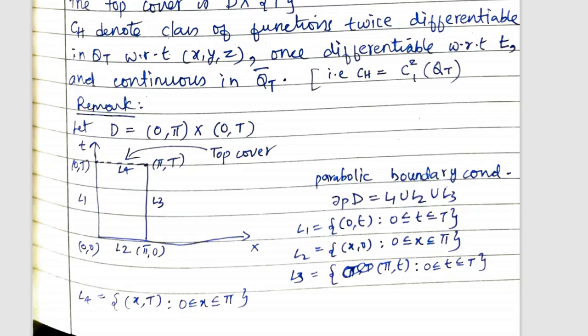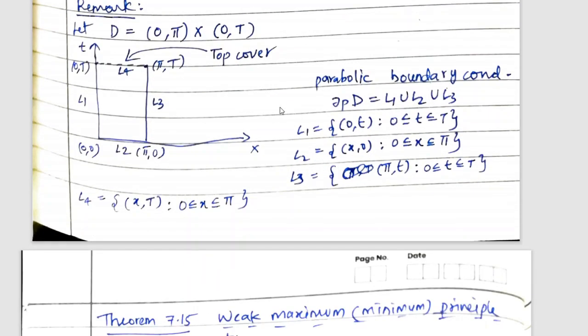Also we assume that these functions are continuous in QT closure. So CH denotes the class of all functions which are twice differentiable in QT with respect to xyz and once differentiable with respect to time, and which are continuous in QT closure. So that is our CH. First we make use of these notations to prove the theorem. Earlier I will make it more clear what this parabolic boundary is.